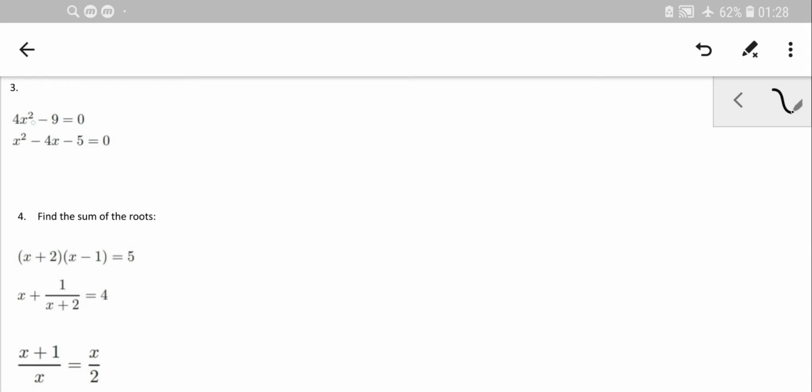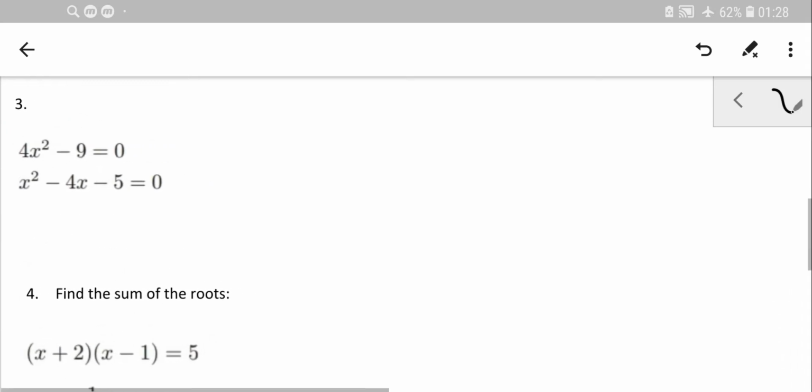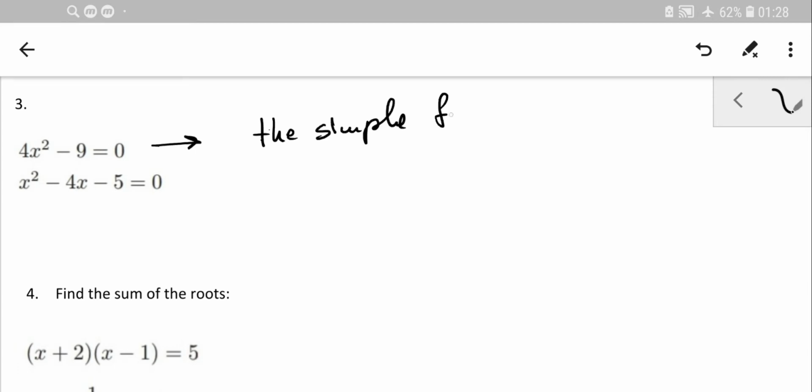So 3: 4x squared minus 9. What I can do here is apply the quadratic formula, but actually I'll do just simple factorizing. Let's have a look. Instead of doing it through the discriminant, I'll do the simple way. I can get to this simple form.